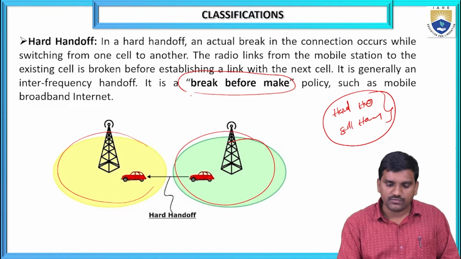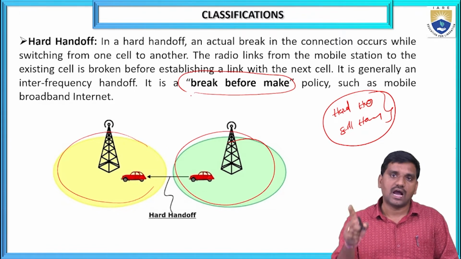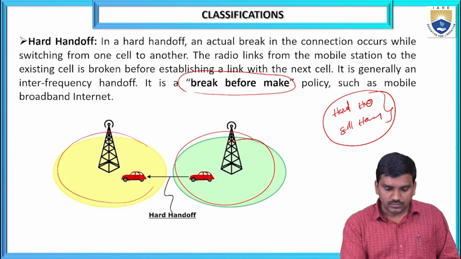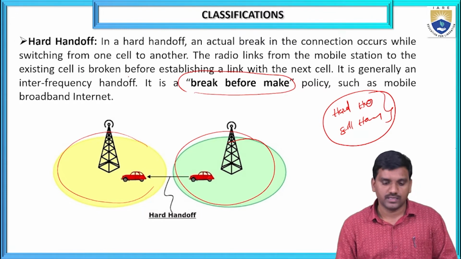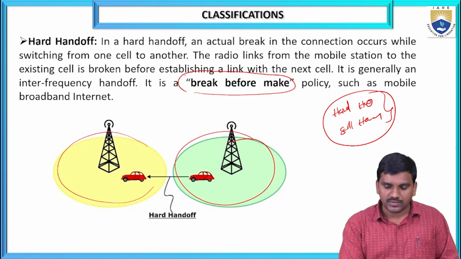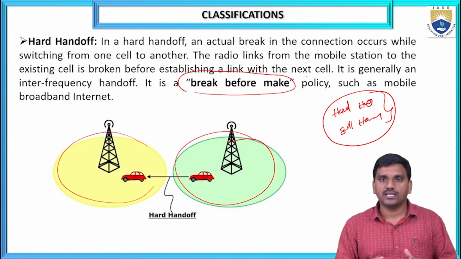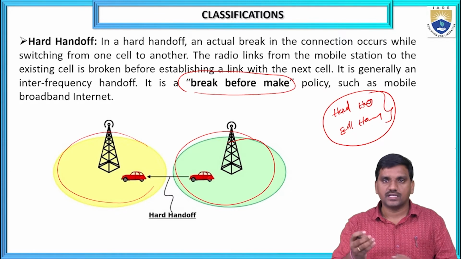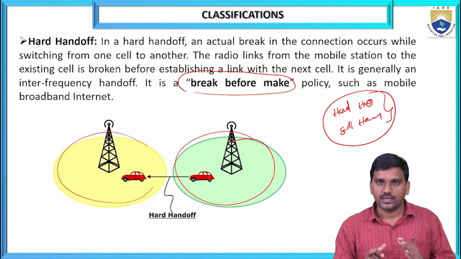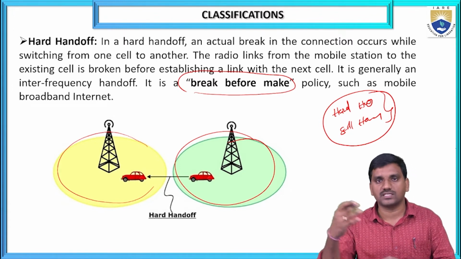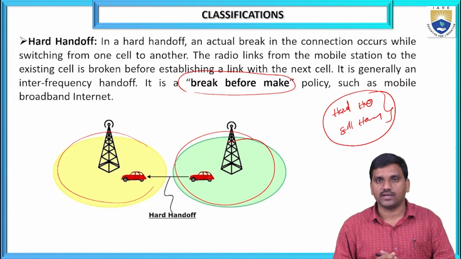So here the radio link from the mobile station to the existing cell is broken before establishing a link with the next cell. In the soft handoff, after initiating the signal from the other base station, then only the signal will be disconnected. But hard handoff follows the break before make policy.